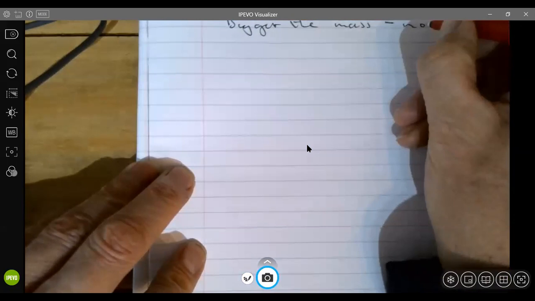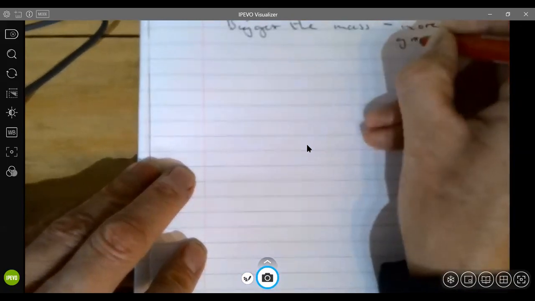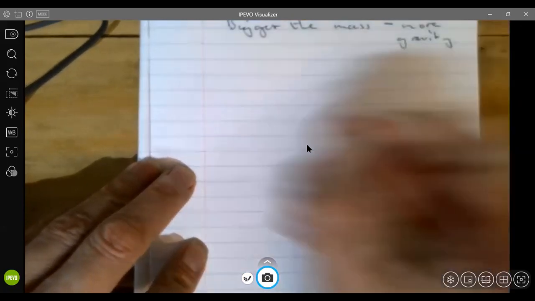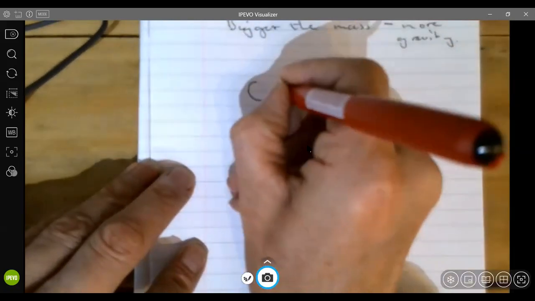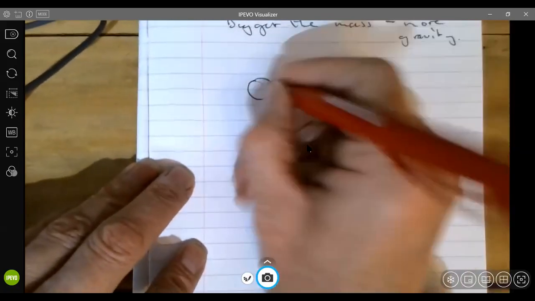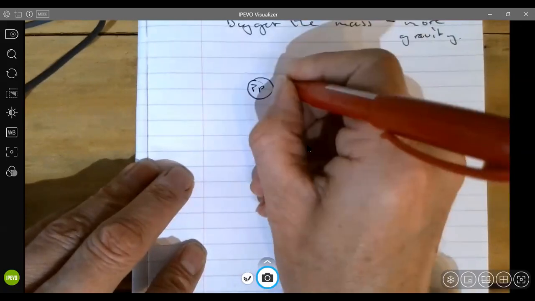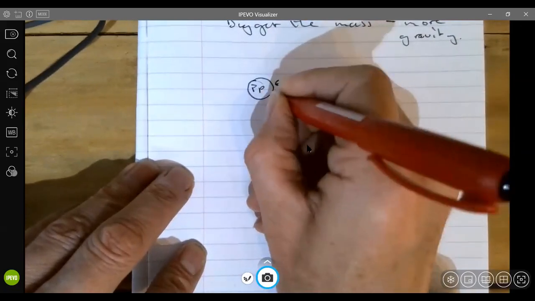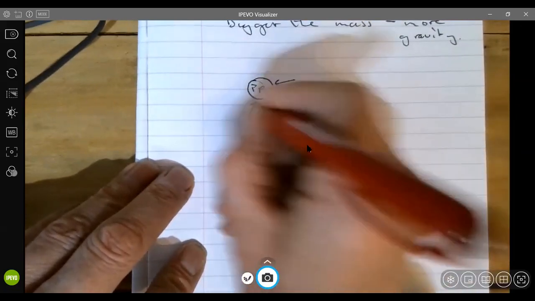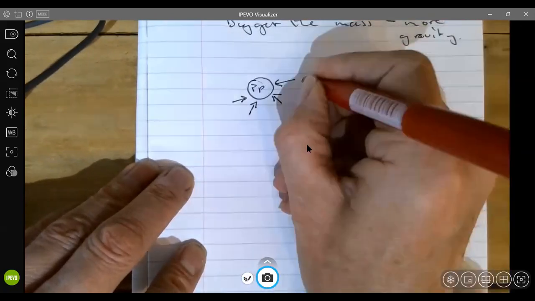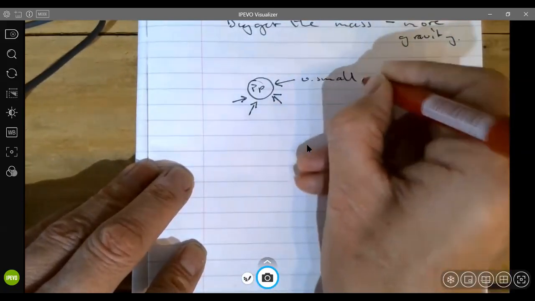Bigger the mass, more gravity. So if we take a small mass, like a ping pong ball, it will still have gravity attracting things towards it, but it will be very small and you wouldn't feel it.